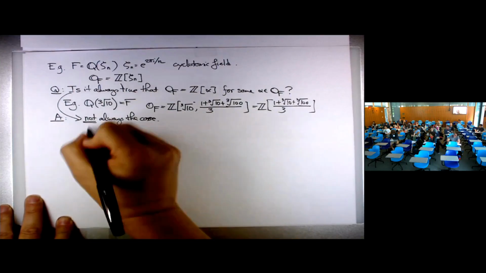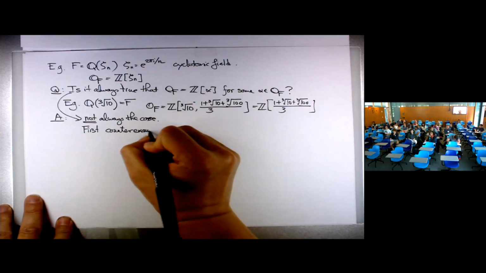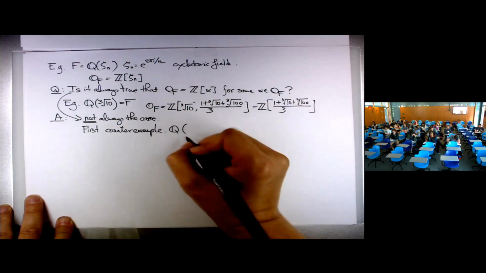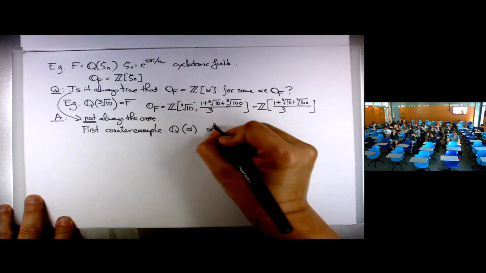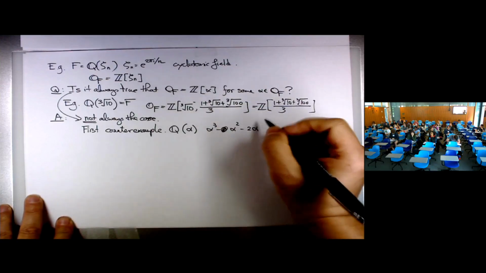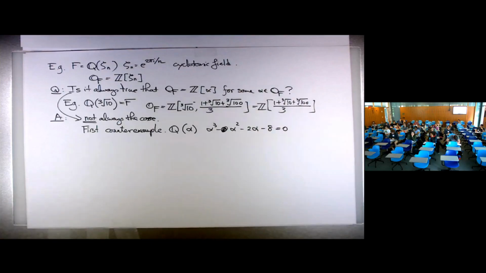So here's an example. First, a counterexample. It starts in cubic, since all quadratic fields are generated by one element. Hopefully I got it right. Oh shoot, it's alpha cubed minus 2 alpha squared, and I think this is minus 8. So play with the coefficients. You can check this is irreducible, unless I got the signs wrong.